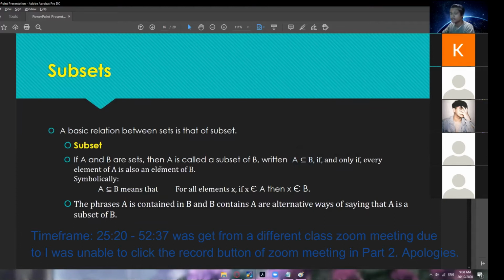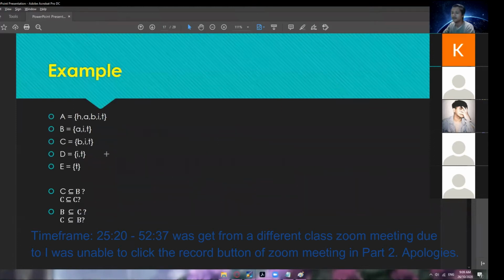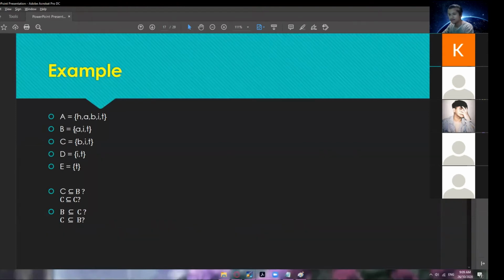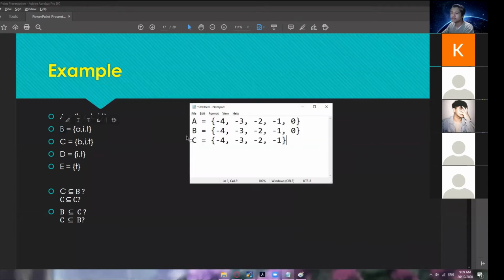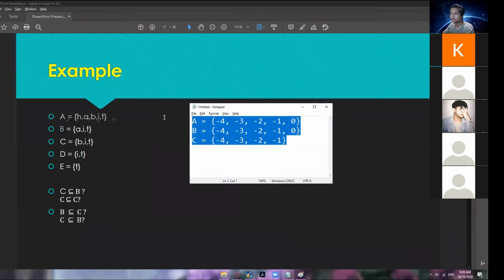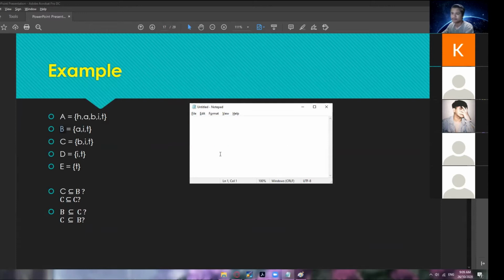So for you to understand this a little bit more, we have here an example. We have sets A, B, C, D, E, and A contains habit, AIT, BIP, IP, and then T. In here, you could say that B is a subset of A. Tama? Napakasimple lang naman ng rule natin.